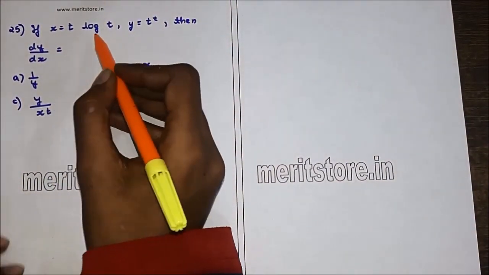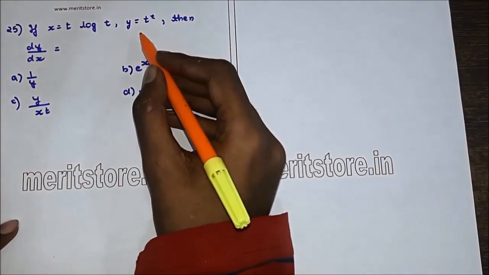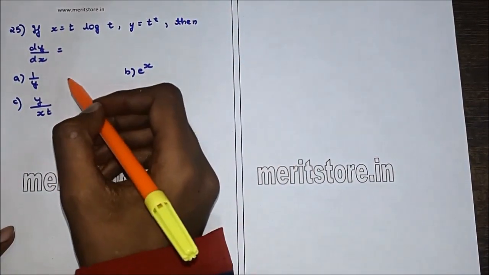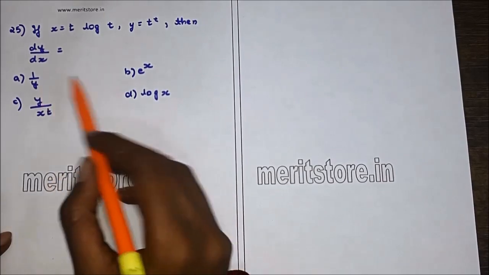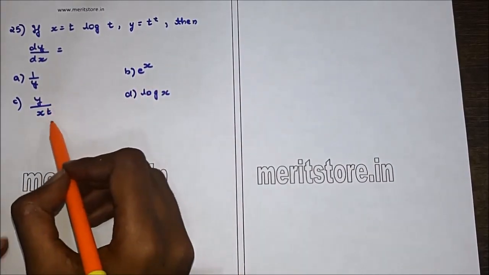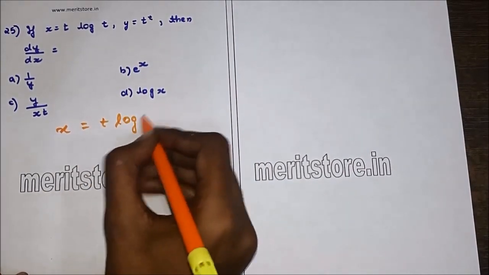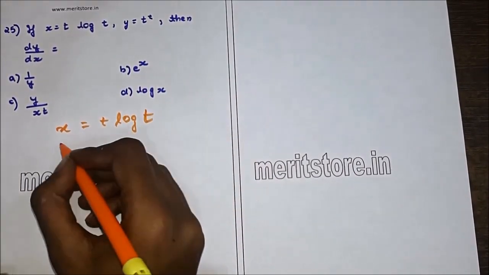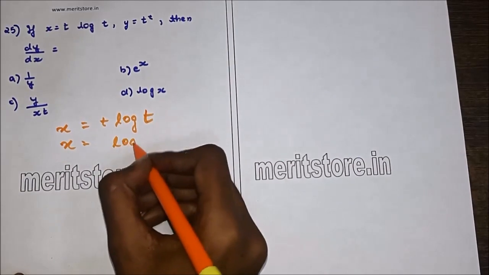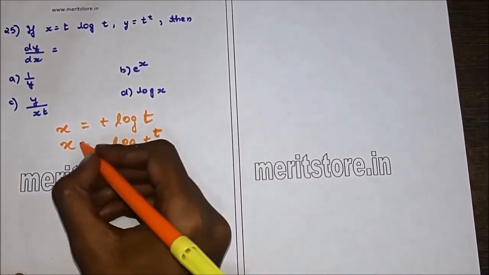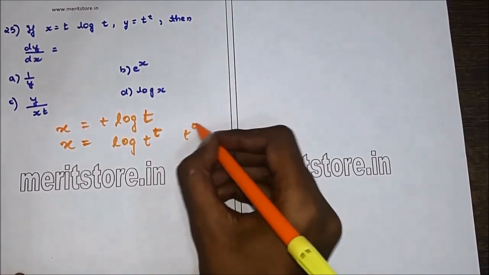If x is t times log t and y is t raised to t, then the value of dy by dx is, the options are 1 by y, e raised to x, y by xt and log x. So firstly x is t log t. Now by law of logarithm we can write this as log of t raised to t, but t raised to t is y.